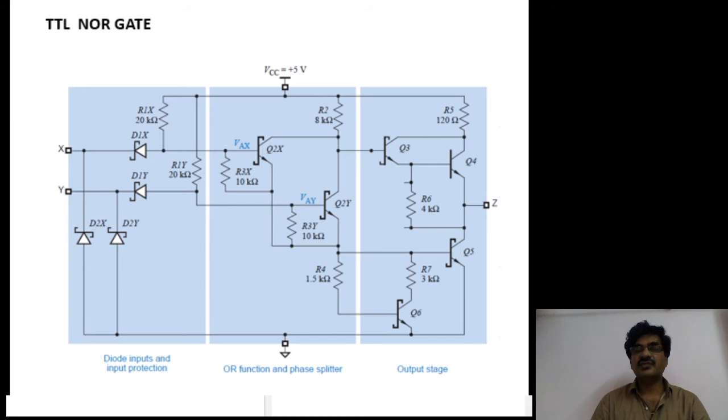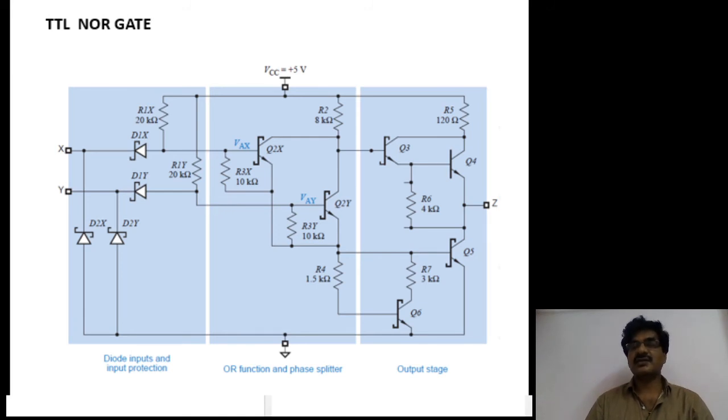So if both the inputs are 0 0, what happens? If both the inputs are 0 0, the diodes are forward biased, so at the base of both the phase split transistors the voltage is approximately 0.9 volts.